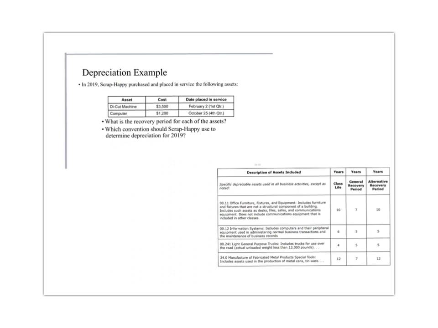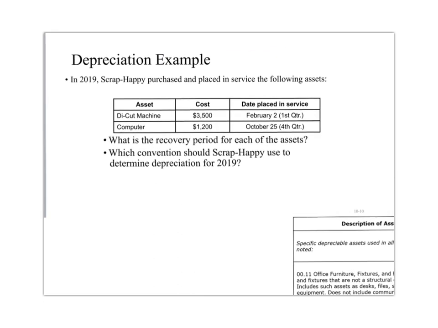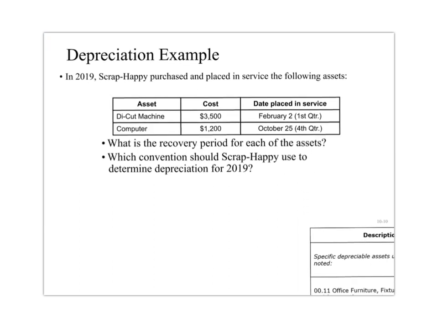Okay, so now let's do an example. So this example is in your PowerPoint, all right? And I've included the charts that you need, so I'll resize things as we're talking about things, all right? So what do we have? Okay, so in 2019, this company purchased and placed in service the following assets.